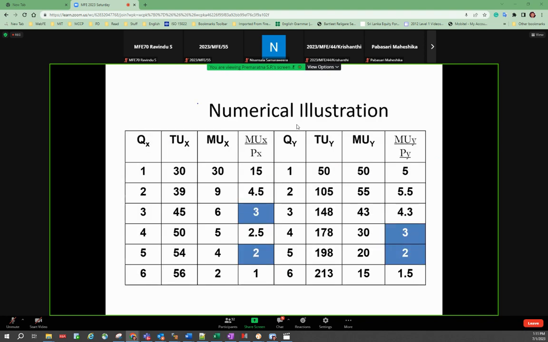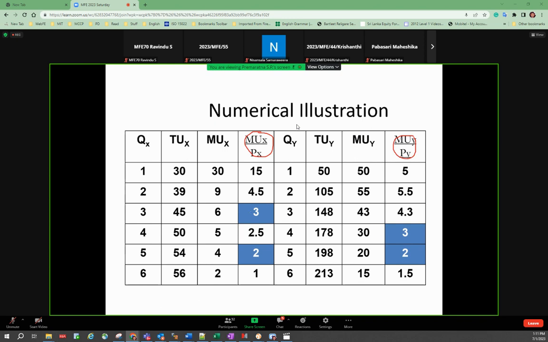Now this table we also explained last time. Here the marginal utility per dollar, so the condition is they should be equal.